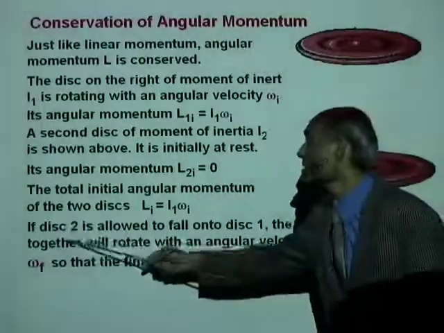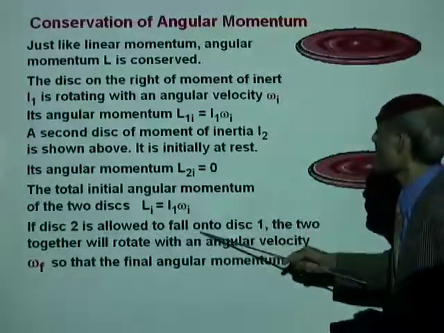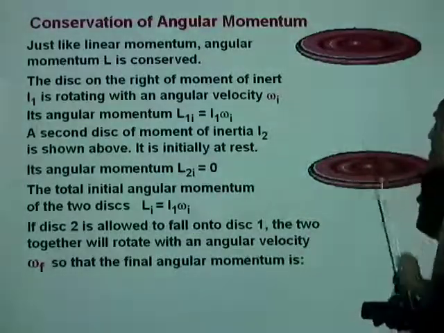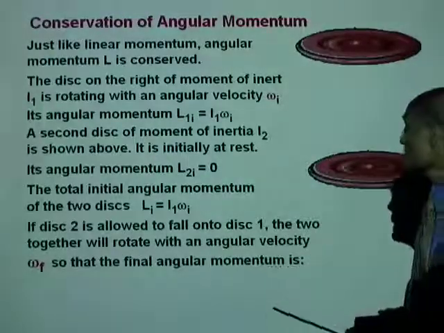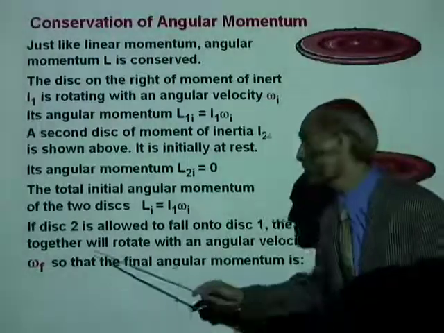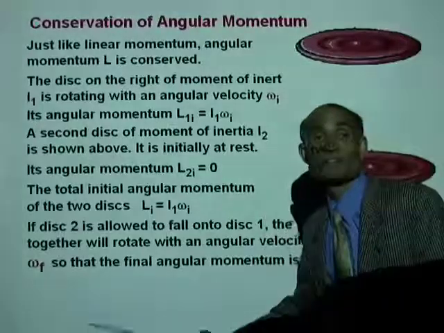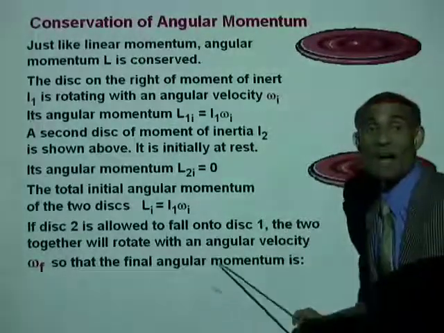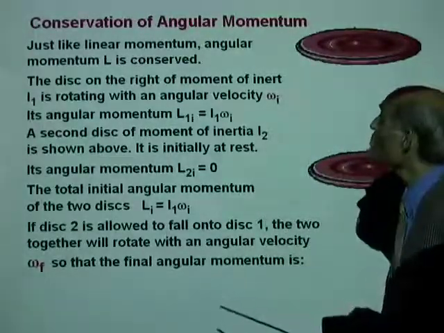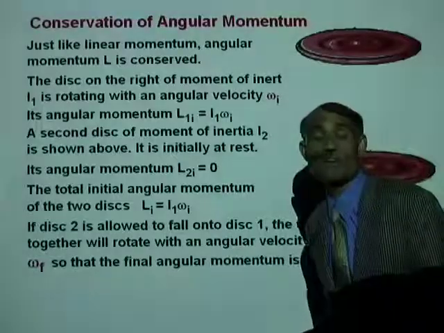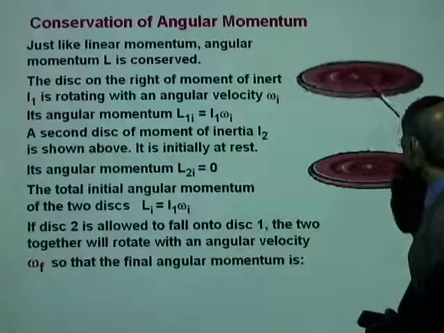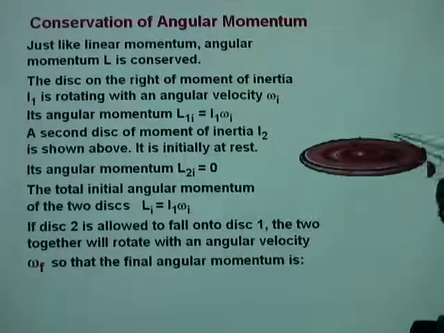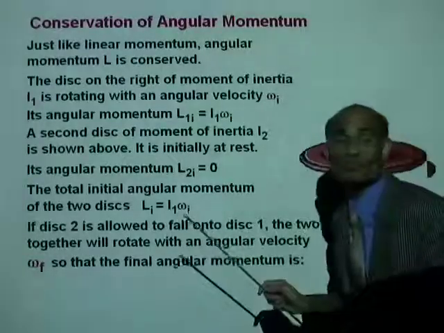Okay. If disk 2 is now allowed to fall onto disk 1, the two together now will rotate with an angular velocity omega f. Can you write what the final angular momentum will be? When this disk falls onto here, the two together are going to rotate.